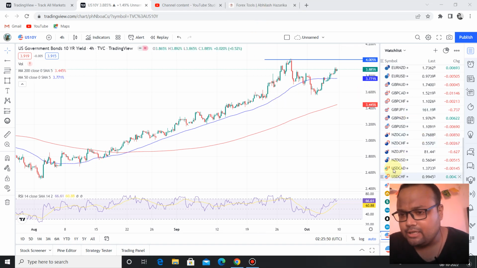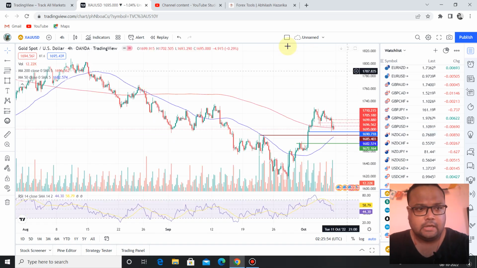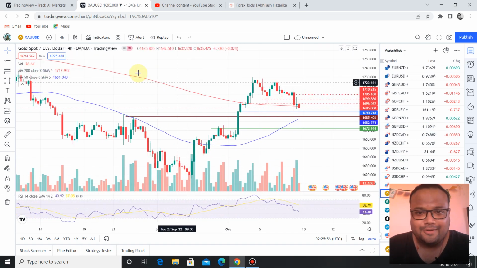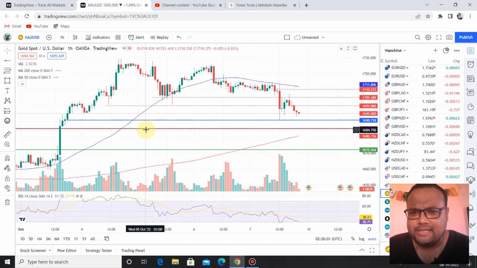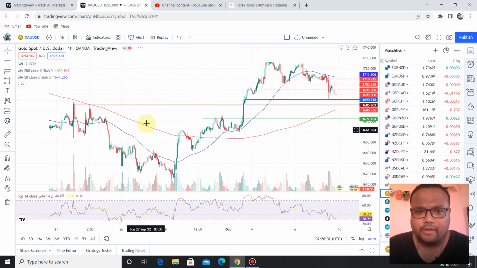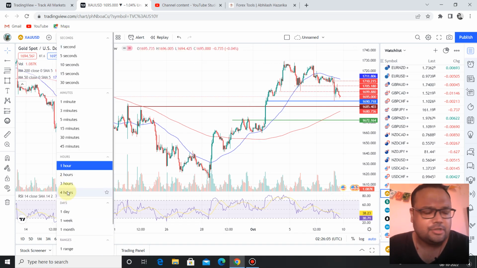Now let's have a look at the chart of gold. Here is our gold. You can see that I have drawn many lines here, so let's try to understand the levels one by one. First of all, the 4-hour chart.